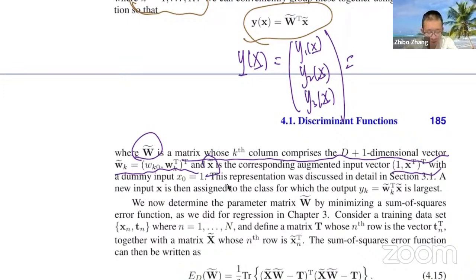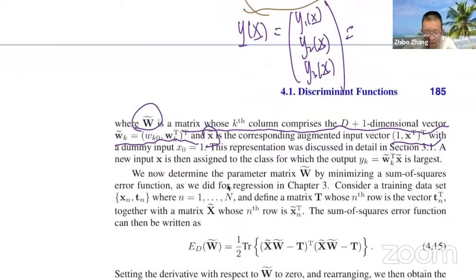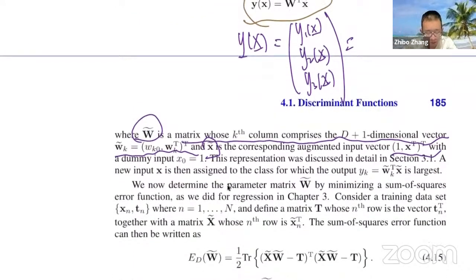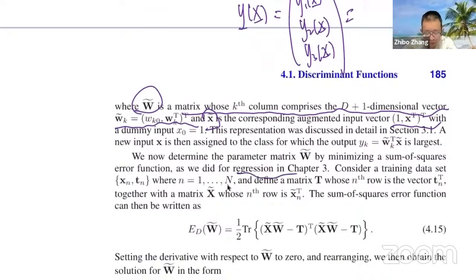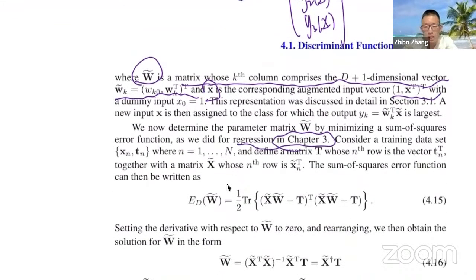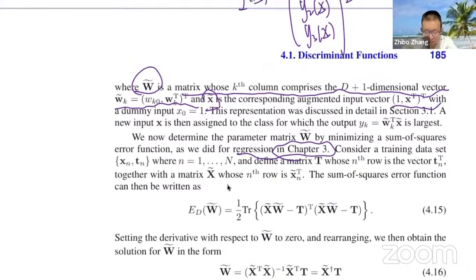A new input x is then assigned to the class for which the output is the largest, okay? We now determine the parameter matrix by minimizing a sum of squares error function, as we did for regression in chapter 3, right? If you're not familiar with linear regression, then you can go back and review that. That has a closed form solution derived by the normal equation.